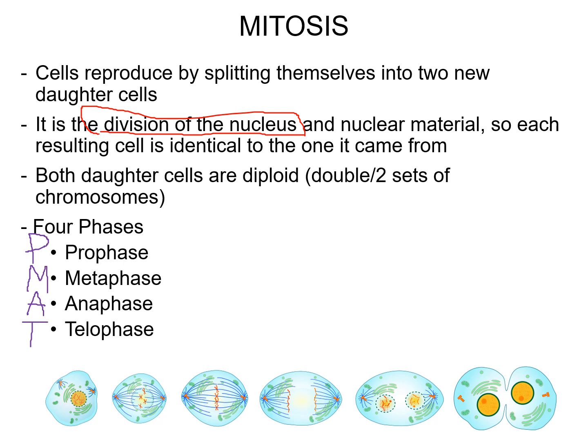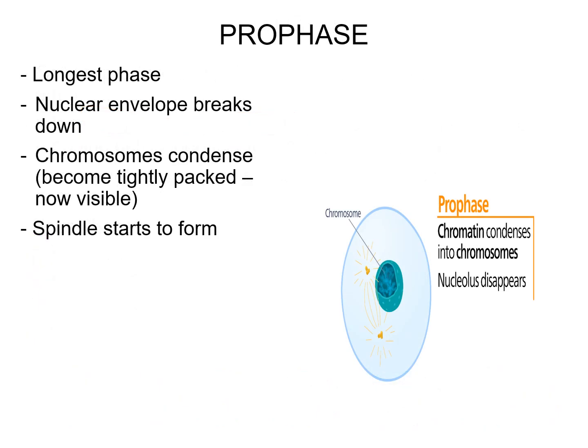So let's talk about what's happening in each of these 4 phases. Once again, big picture, we're splitting the DNA. We're splitting the nuclear material. So here is prophase, first letter of our PMAT. And what's happening is we are getting ready to kind of organize the chromosomes. So we have 92 chromosomes. It's just in a big bundle, big mess.